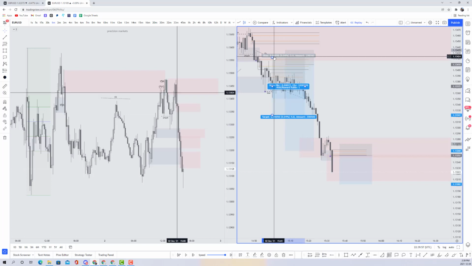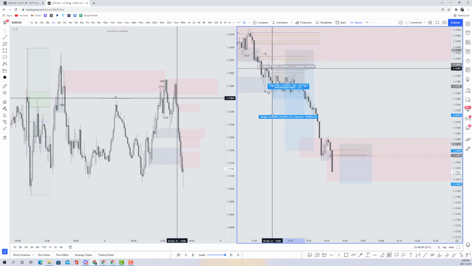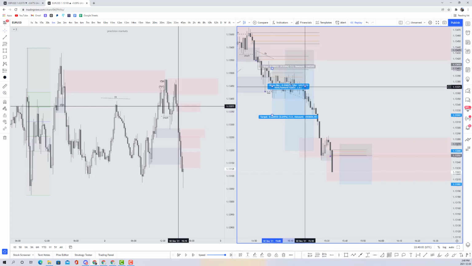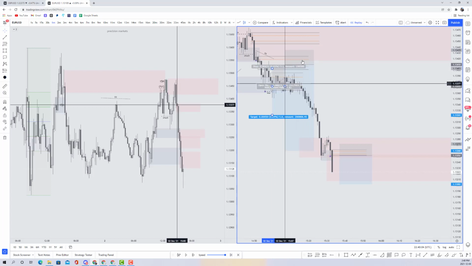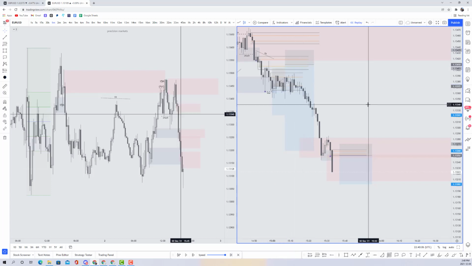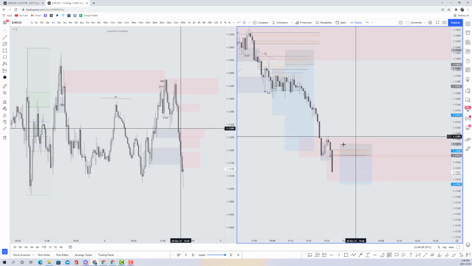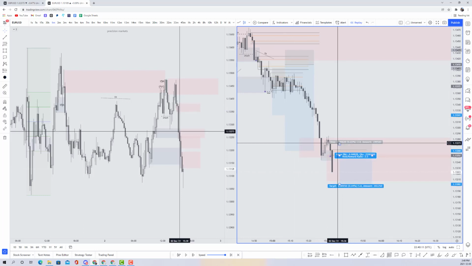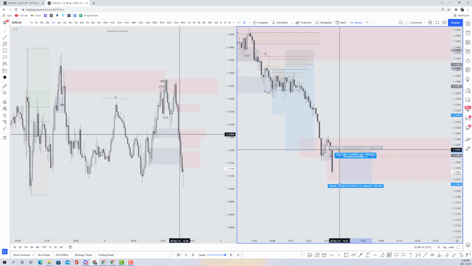If you're in on the second order, you're likely not going to take partials on it either. Both of these stops are a little bit large for Euro, I'm not going to lie. I prefer to have them 2 pips and under, but it's not always the case. With this one, you'd probably scale out, so that's a pip. I would probably take a pip and a half, cover for spread.